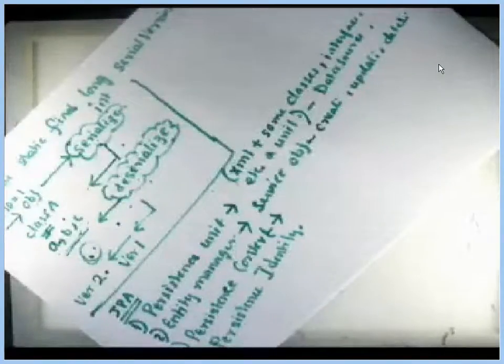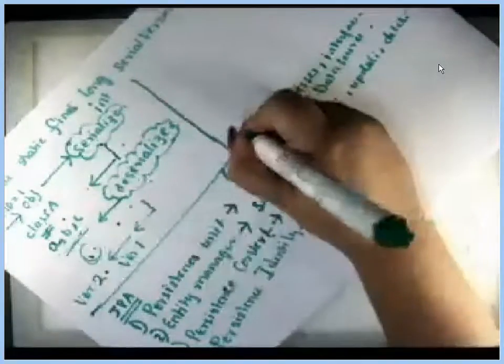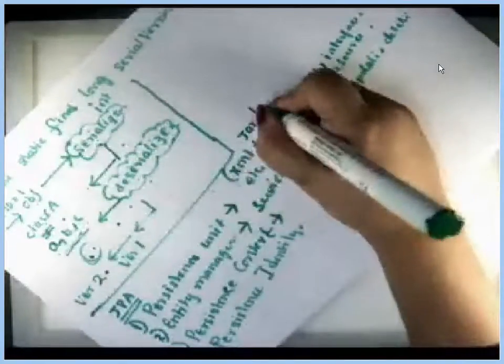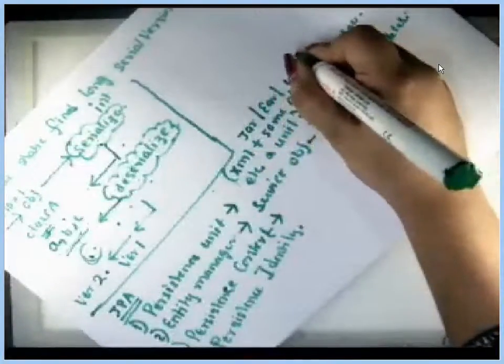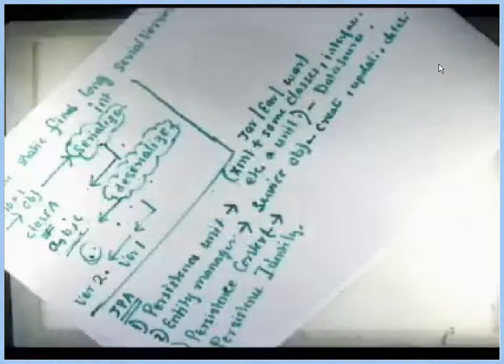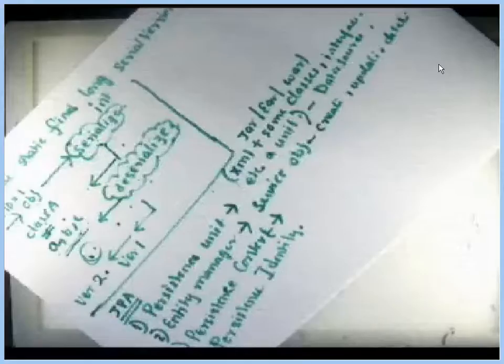The classes are physically available in maybe a jar file in the persistence unit, or EAR files, or WAR files in the form of a library. The service object will make use of those classes and operate some task in the database. But what are they called when the classes are actually in running mode? They will be called a persistence context.